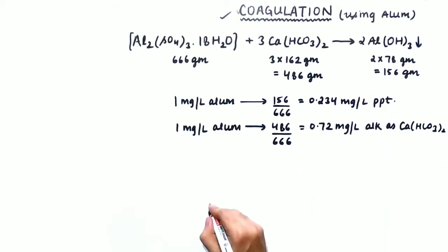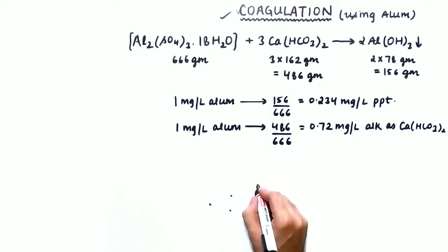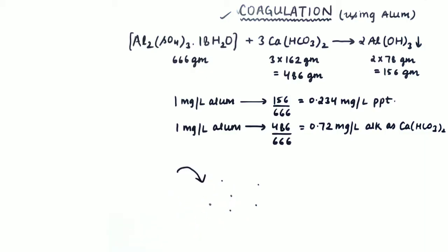The smaller size particles are difficult to settle in the sedimentation tank. What do we do for those particles? We add a coagulant. A coagulant has a property to get adsorbed on the surface of these particles.